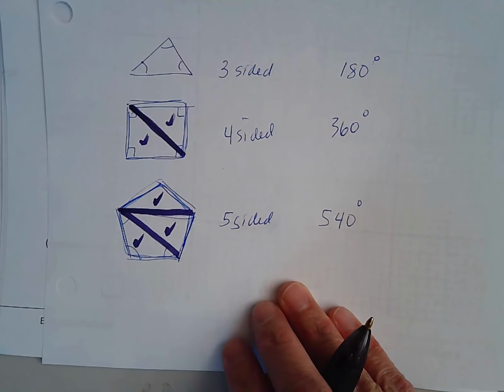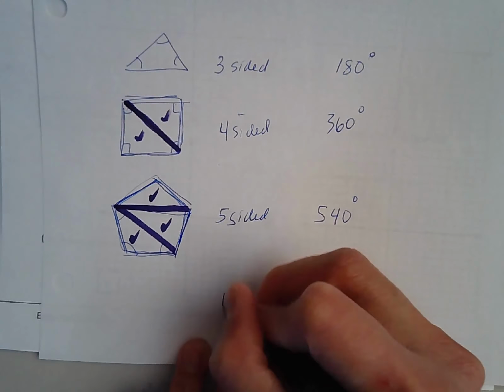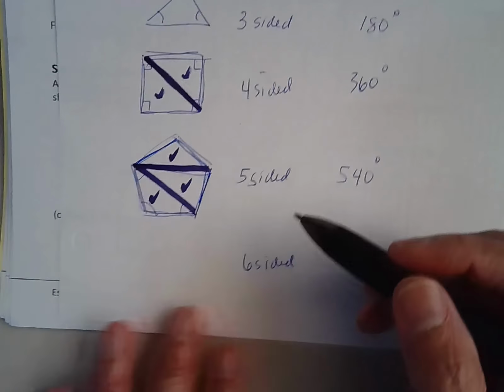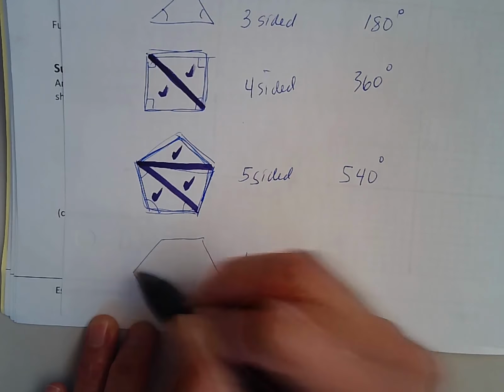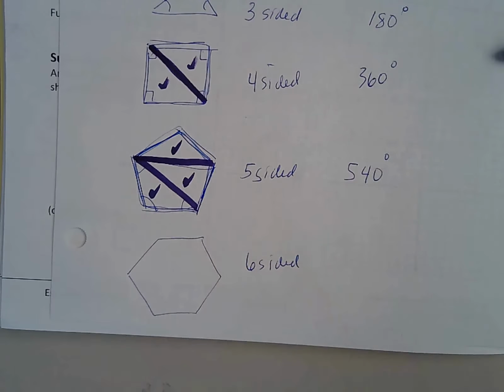Do you see a pattern? What do you think it's going to be for the six-sided? Yeah, it's all about the patterning. Do you see the pattern? There will be 6 triangles.